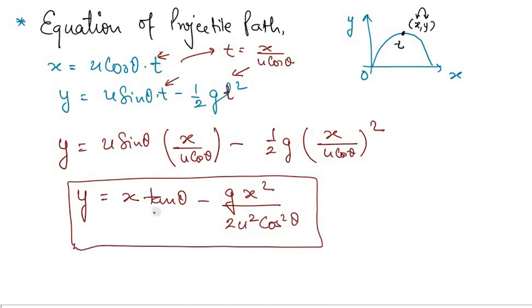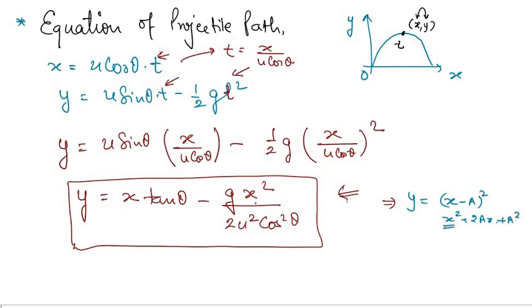So at any given instant, if you know x, you can determine the corresponding y. This is called the equation of this projectile motion. And you can see that with some factors, you can write this equation as y is equal to something into x minus a whole square. With some other parameters, you have to just make it a perfect square, because this will give you x square plus 2ax plus a square.